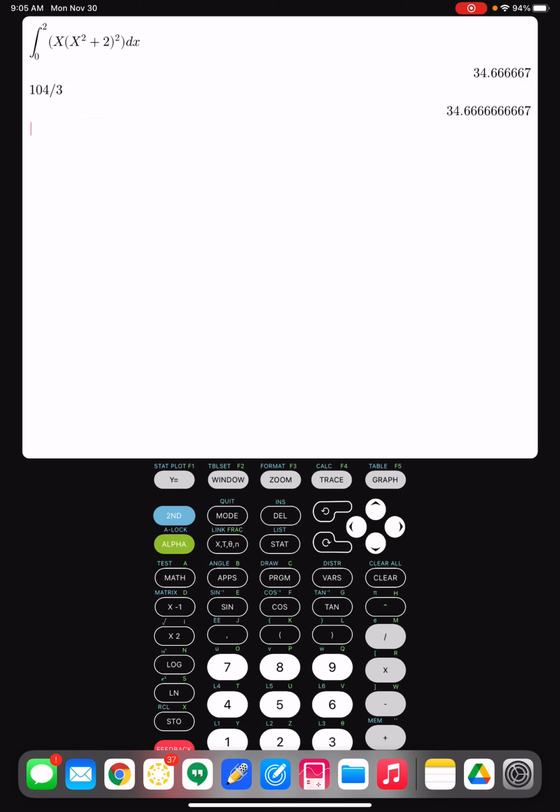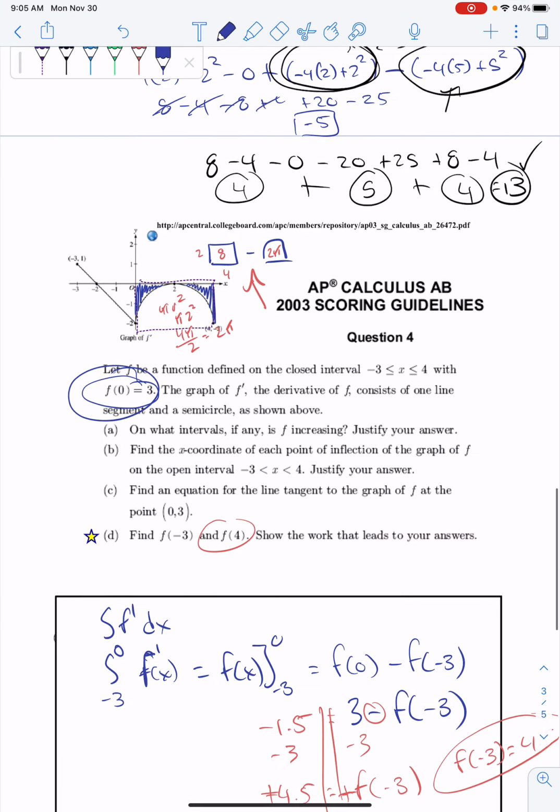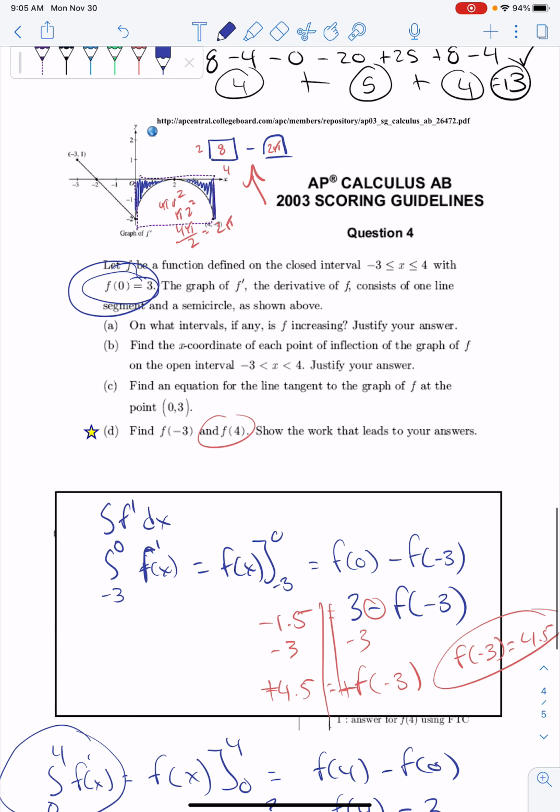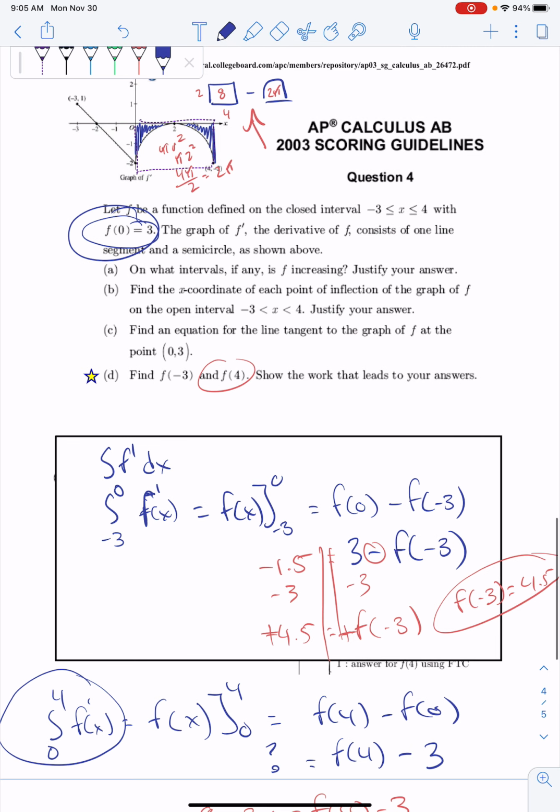I like these examples right here, which we didn't go over the scoring guidelines. We can talk about that in class. On part D right here, you would have gotten 1 point for using the areas of these triangles and finding that area was 1.5.